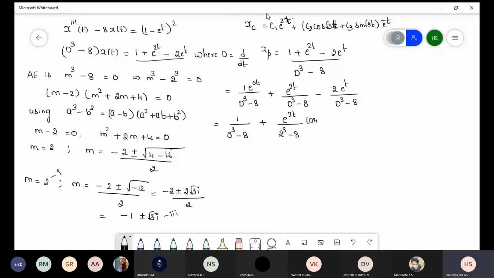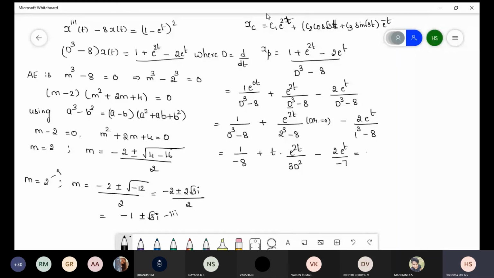So here denominator becomes 0 because 8 minus 8. Here 2 into e power t. Again here a value is 1. So 1 cube minus 8. So 1 divided by minus 8 plus here denominator is 0. So with respect to t we are doing, means write t first, then e power 2t, differentiation of this term 3d square, minus 2 into e power t divided by minus 7.